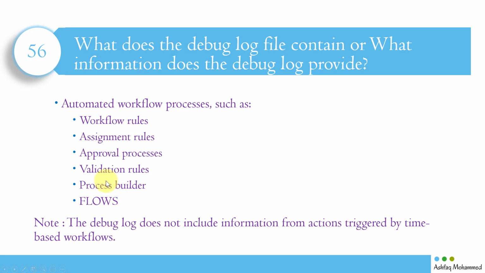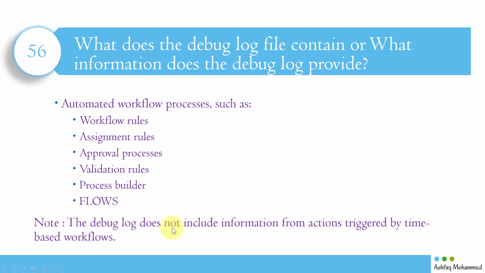I have not seen a lot of information for process builders and flows, but you still find something for them as well. For process builders, it is also given as flows, so be careful. A process builder is not given as process builder in the debug logs, it is also given as a flow. But you will find the name, so with the name you can understand that this is for such and such flow.